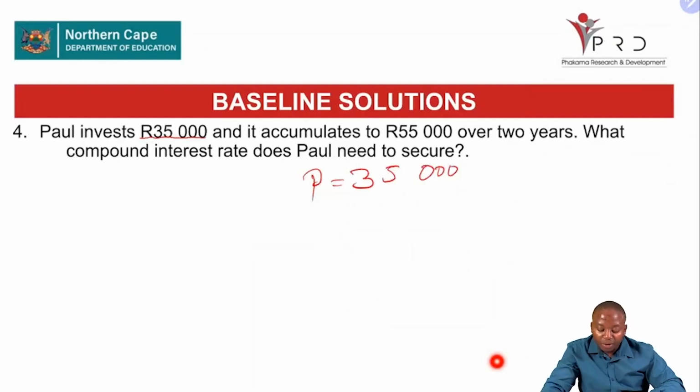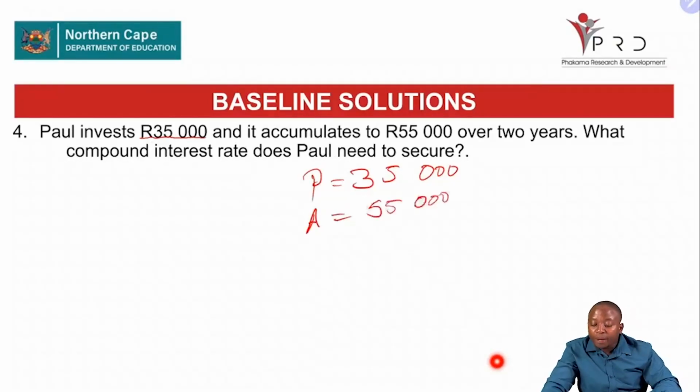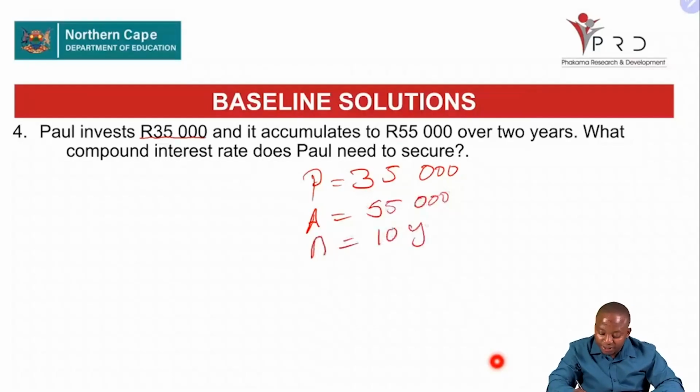So our present value in this case is 35,000, and it accumulates to. So I put in 35,000, it grows to 55,000. So our 55,000 is the future amount over the period of 10 years. So our n in this case will be 10 years. What compound interest rate does Paul need to secure? In this case, we are looking for the interest rate.